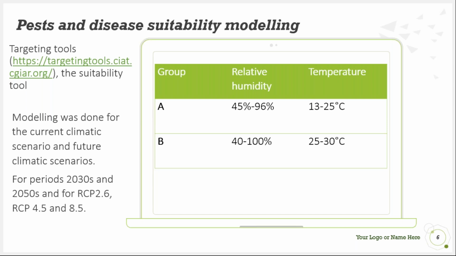And as you know, RCP means representative concentration pathways. RCP 2.6 is when we are applying a lot of climate mitigations, so that we can see the effects of climate change reducing, while RCP 4.5 is a milder type of RCP 2.6.